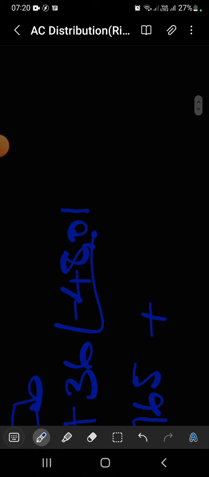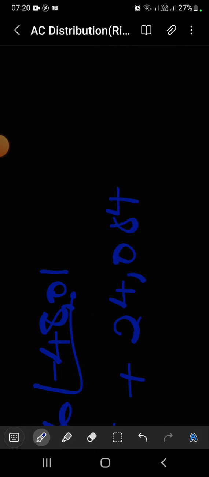And then plus, taking out 36 at negative 48.0, you have 24.084 minus j26.757.